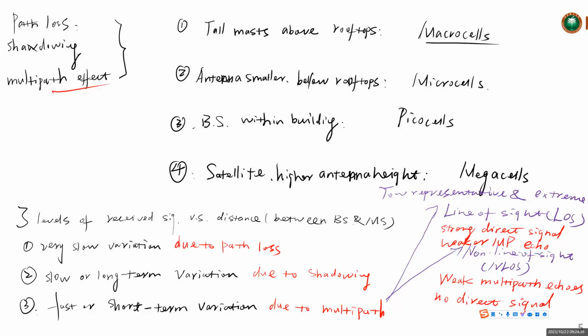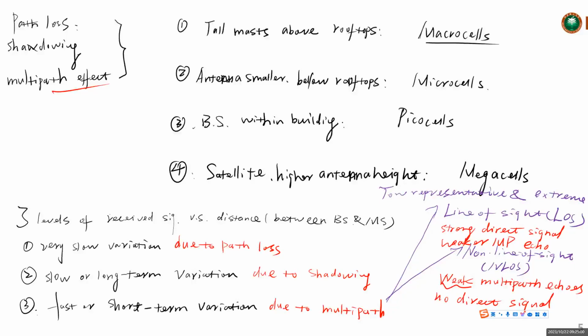The multipath echoes are weak also, but because there is no direct signal, we regard it as the non-line of sight channel. Later we're going to express it mathematically, and why the multipath echoes are always weaker than the direct signals.